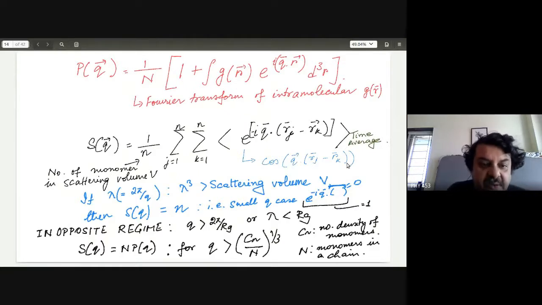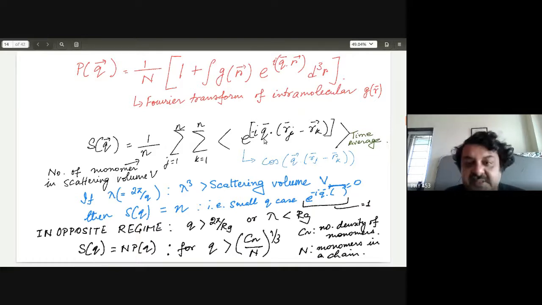Now, if lambda, the scattering wavelength, which can be written as 2 pi by q, is such that the volume spanned by that wavelength, lambda cubed, is much larger than the scattering volume, then S of Q will be proportional to n. Why?